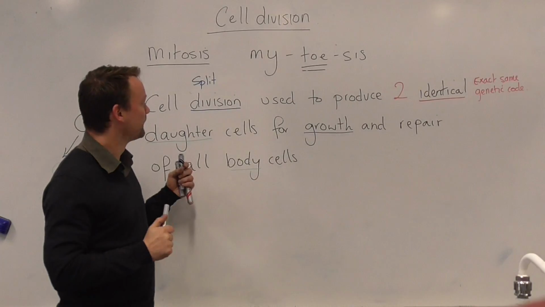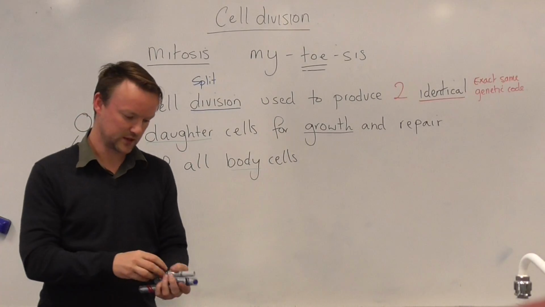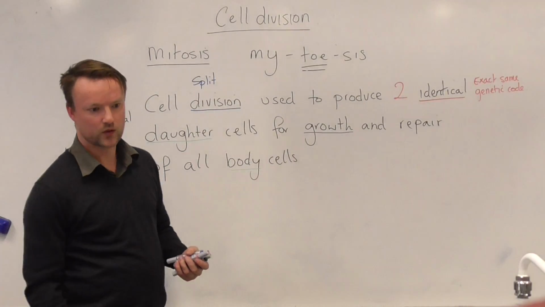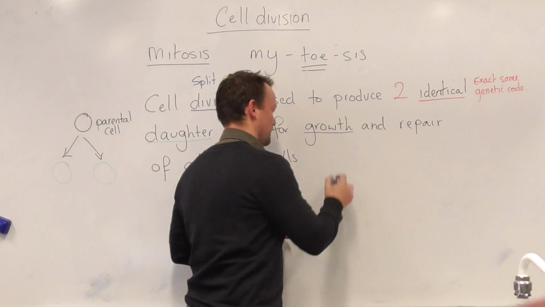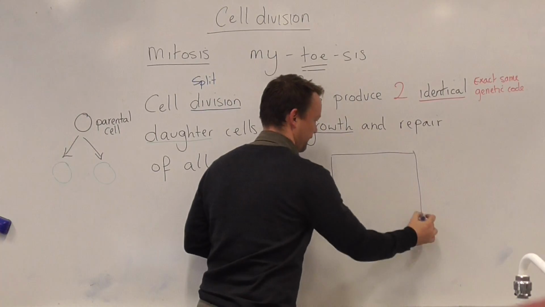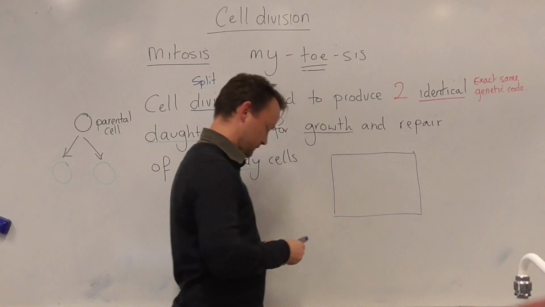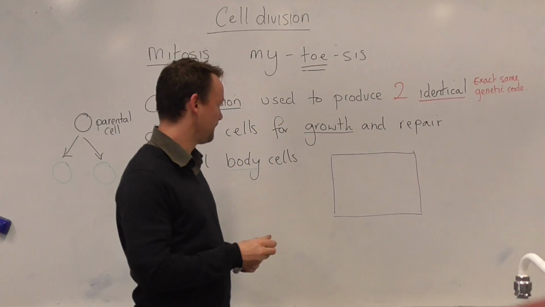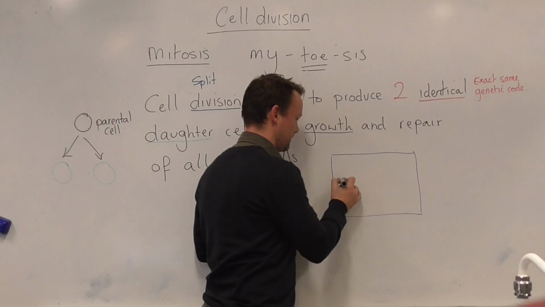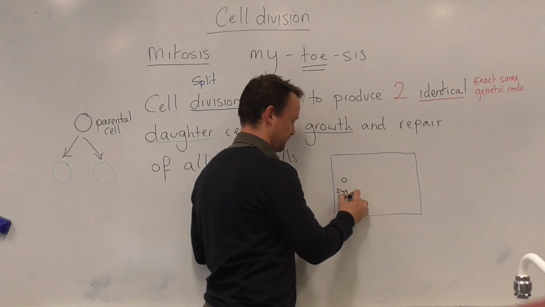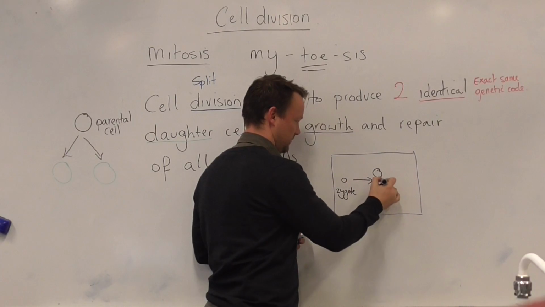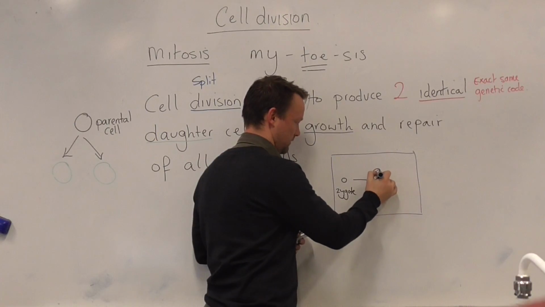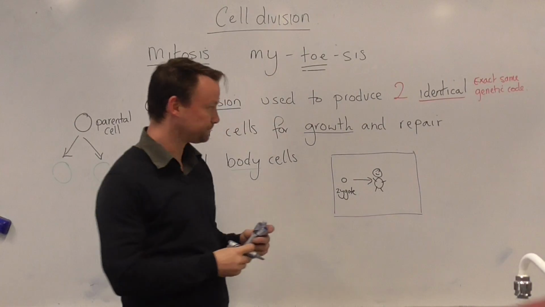What's it used for? Well, it's used for growth. So let's tackle that first. So with growth, it obviously means to get bigger. And how do you go from the first cell, which is a zygote, to, well, a little baby. That's my little baby. It's happy.